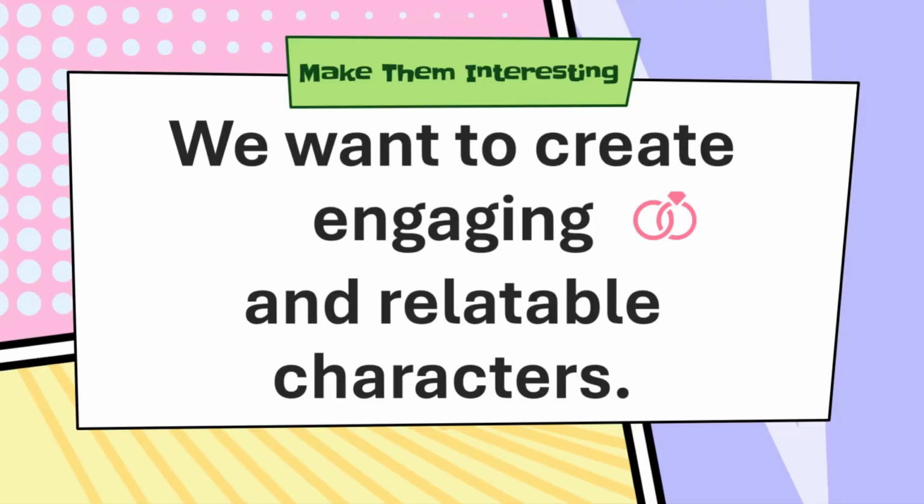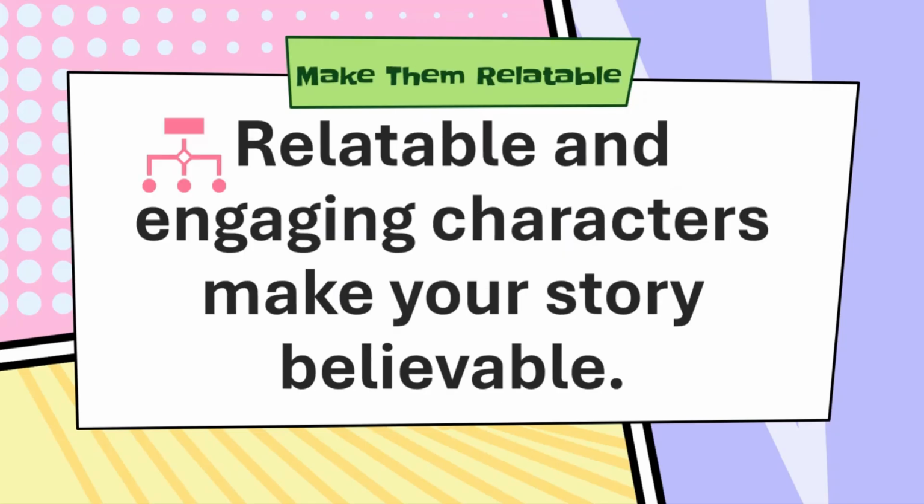So what do we want to do? We want to make our characters able, and I'll show you what I mean. We want to create engaging and relatable characters. There's that first able. Why do we want to create engaging and relatable characters? It's not just something cool to do, but it is cool and it's fun. All the cool writers and creators are doing it. But we want to make relatable and engaging characters to make our story believable.